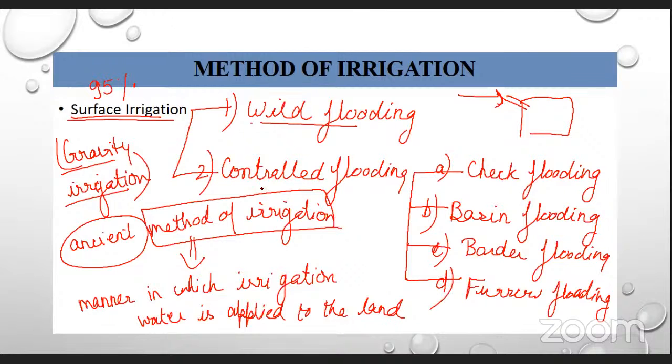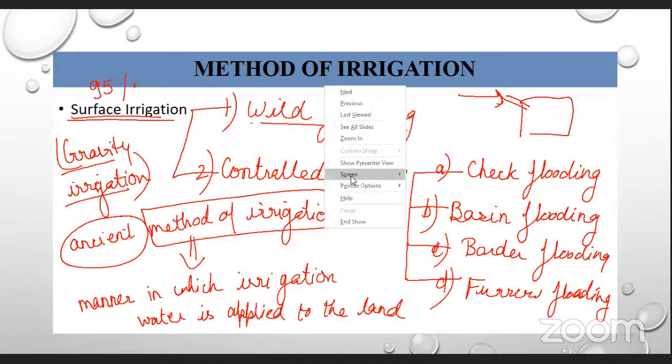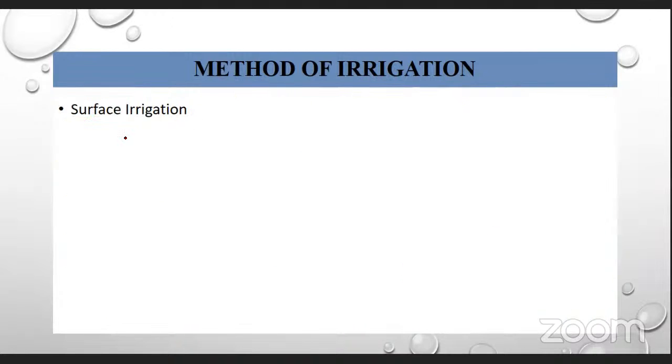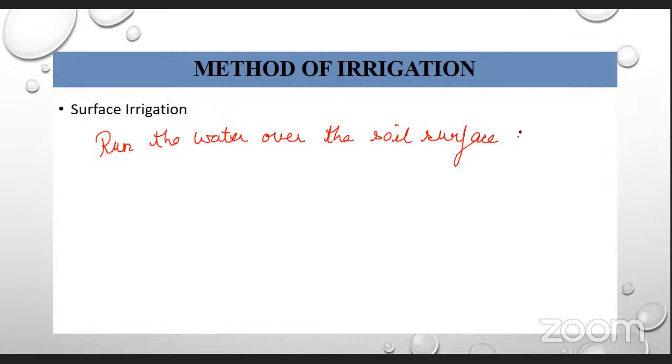Surface irrigation is also defined as running the water over the soil surface and allowing it to infiltrate.